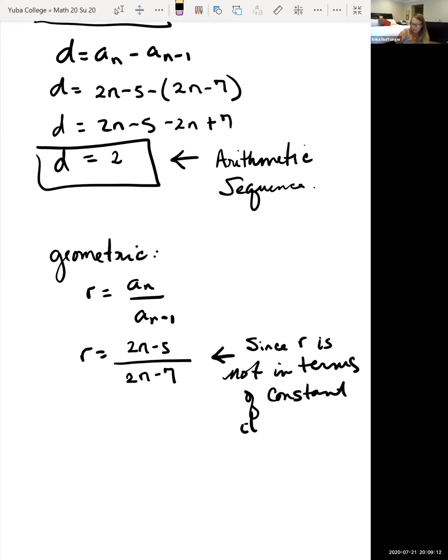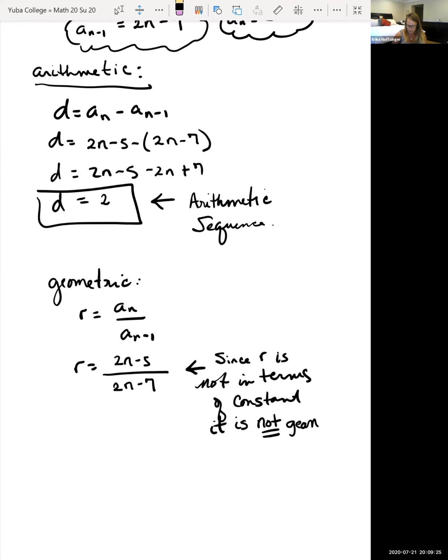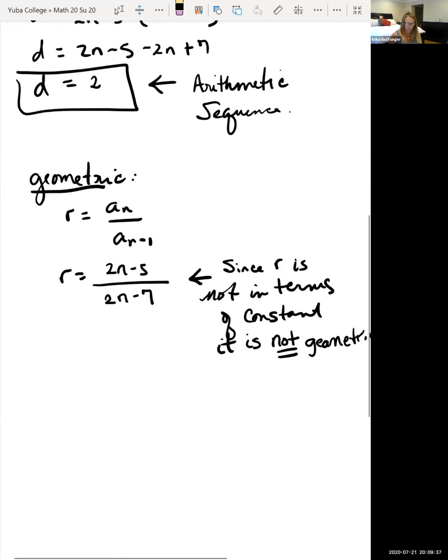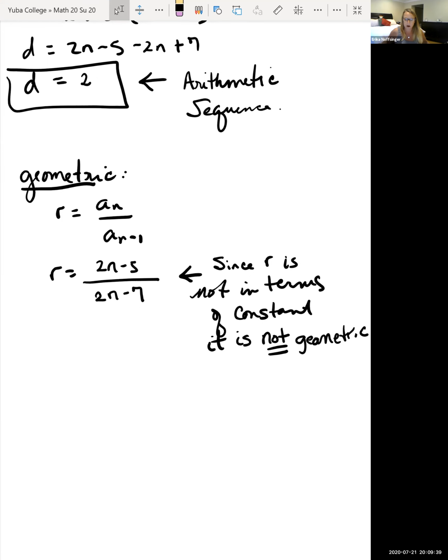I already knew that because it was arithmetic, but I wanted you to see what would happen if it wasn't geometric.